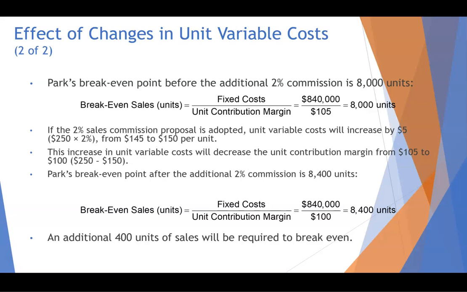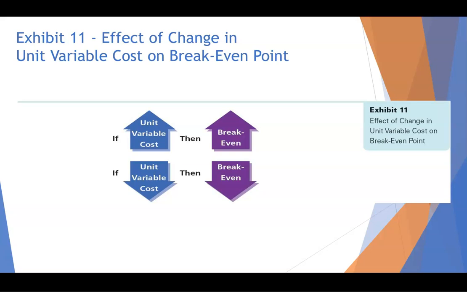So the break-even point after the additional 2% commission goes from 8,000 units to 8,400 units. An additional 400 units are required to break even. In this case, changes in unit variable costs will affect the break-even. Increases in unit variable costs increase the break-even point. Decreases in unit variable costs decrease the break-even.